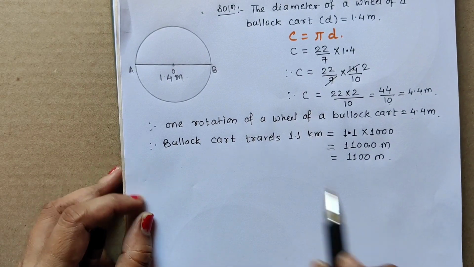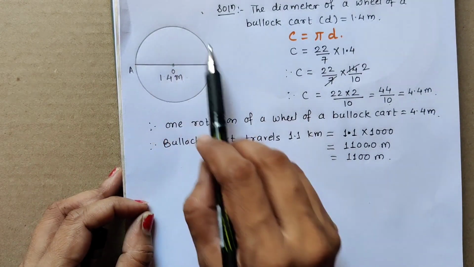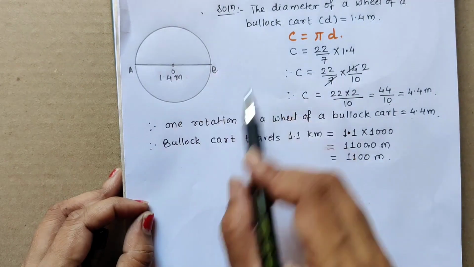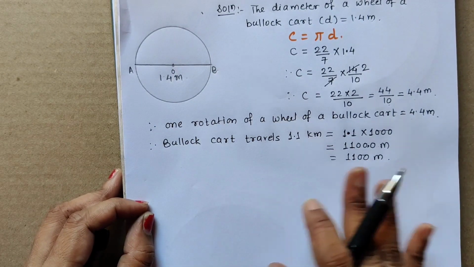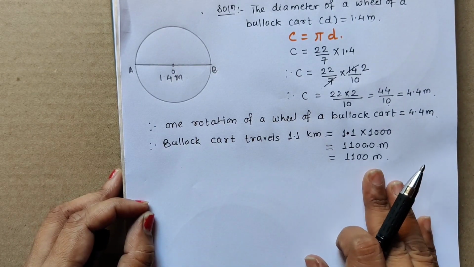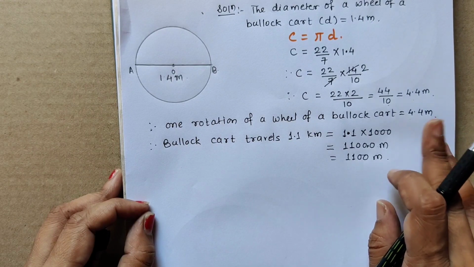Now let us see how many rotations of the wheel have completed. For that what we have to do? The distance the bullock cart travelled upon one rotation.